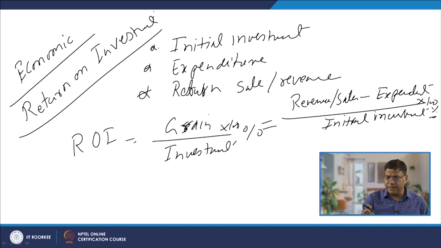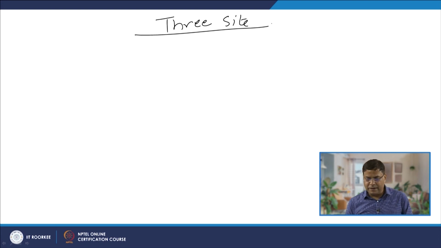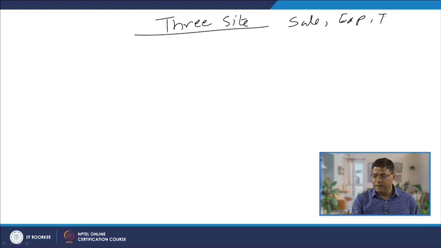To understand this better, we will take one example, like say there are 3 possible sites. Each will be offering different sales, expenditure and initial investment.